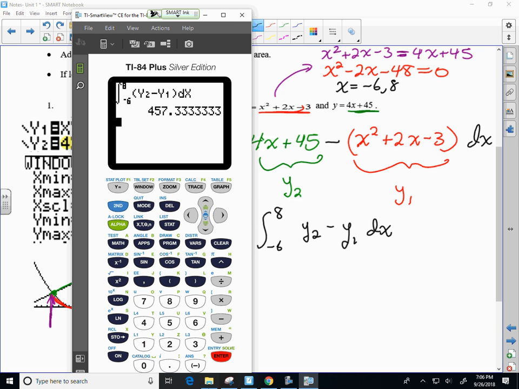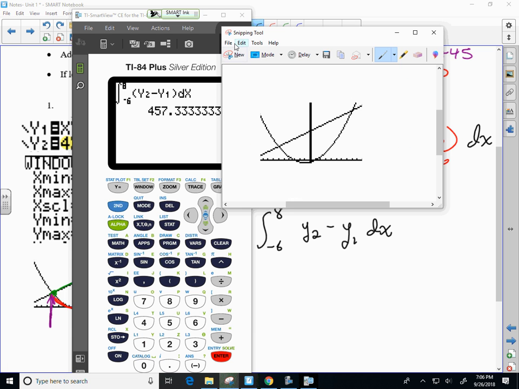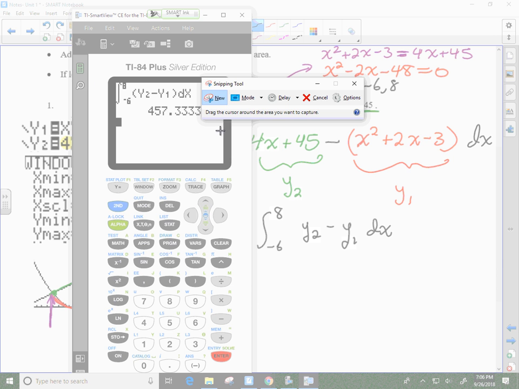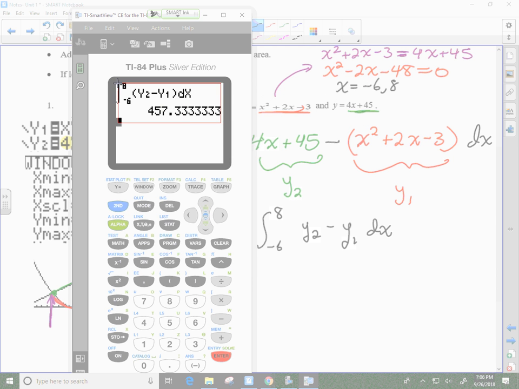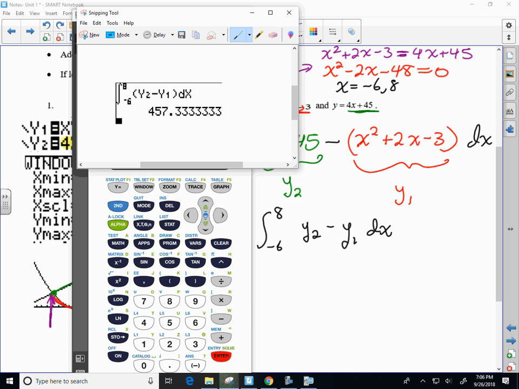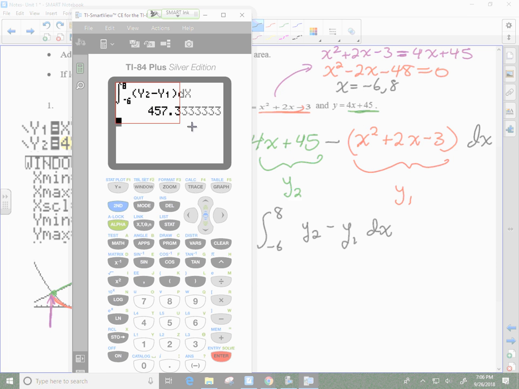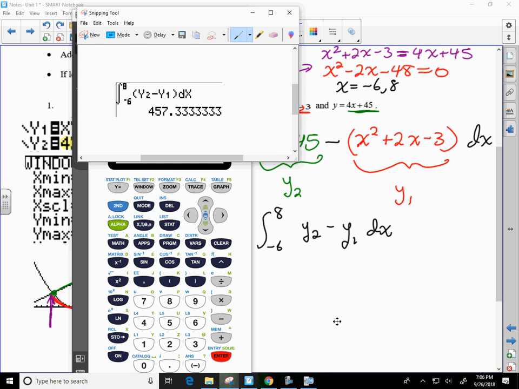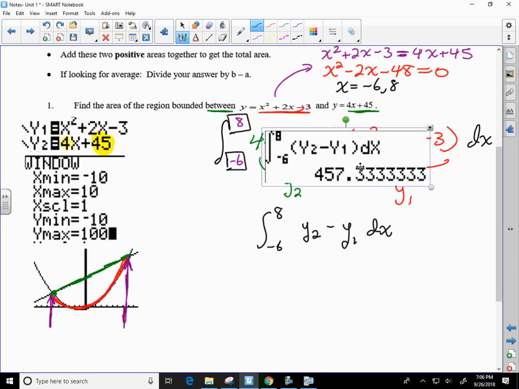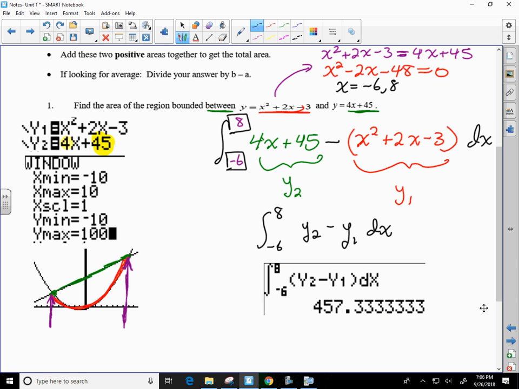Oh, that looks awful. A math bracket if you want. But again, I'm more interested in the integral here.